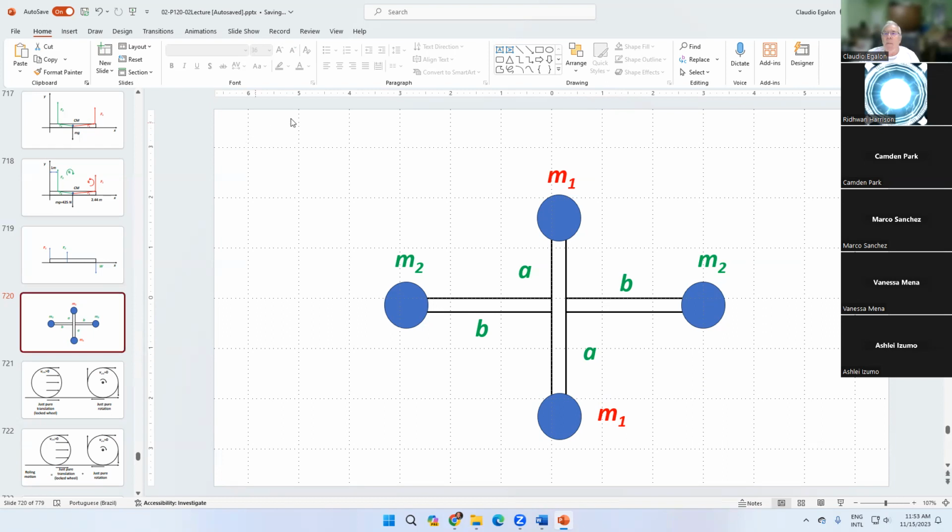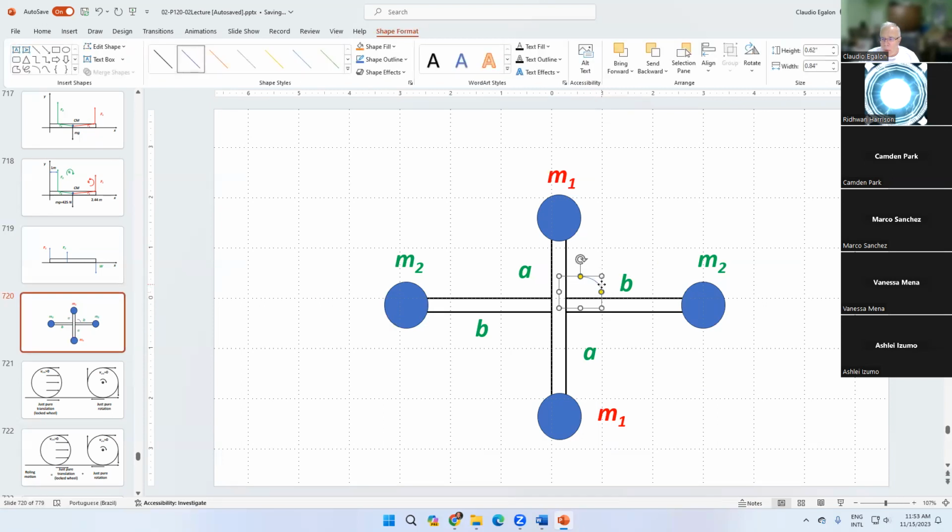Find the moment of inertia if this baton is rotating about this axis here, this vertical axis that comes out of the board, that comes out from my screen.